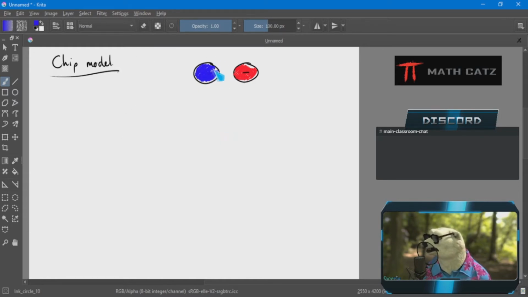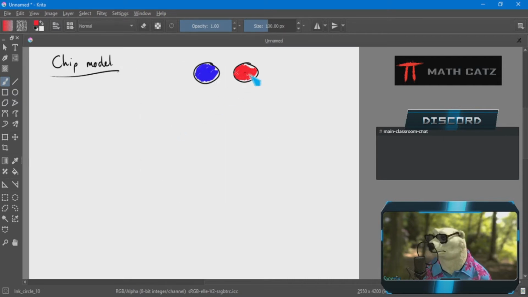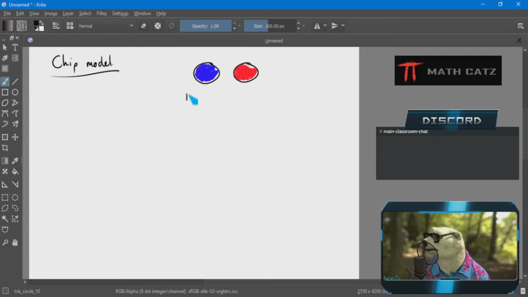That might be a better thing to do, actually. There we go. Some chips are positive, some chips are negative. Now let's just write that out in words then. So we'll have our positive chips and we'll have our negative chips.